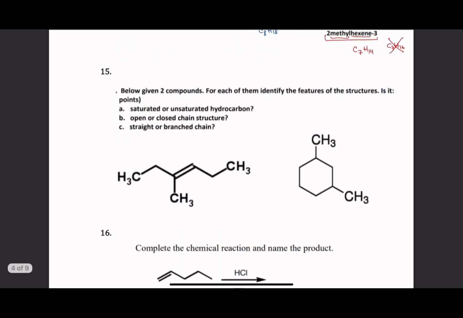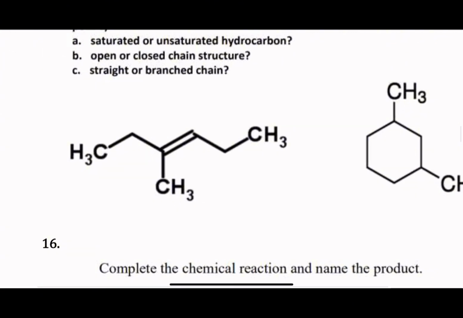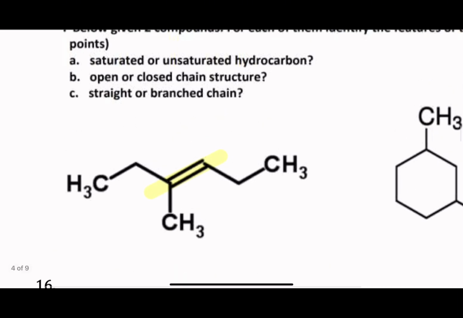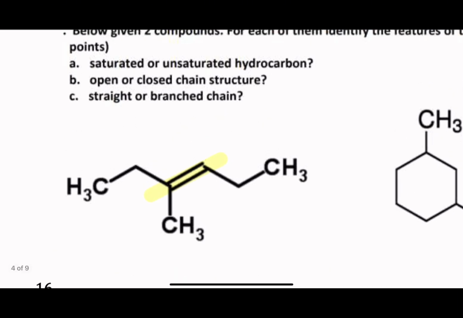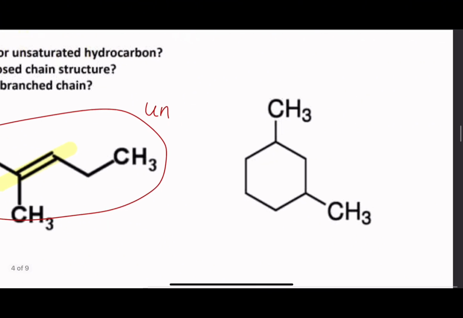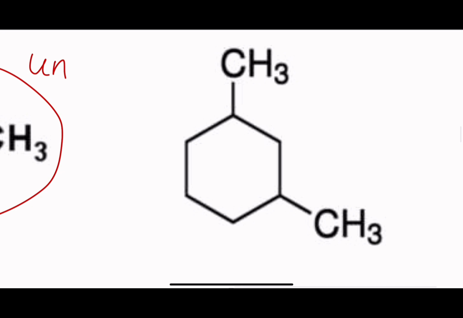Now below, given 2 compounds, for each of them identify the features of the structure. Is it saturated, unsaturated? Because we have a double bond, we lost hydrogen, so this is unsaturated. This one is a cycloalkane.